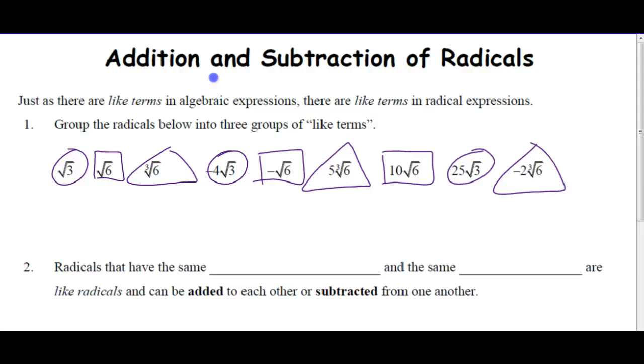Okay, so radicals that have the same index and the same, what do we call the number under the radical sign? Radicand, are like radicals and can be added to each other or subtracted from one another. Okay? So root 6 is like any other root 6 that you see, right?